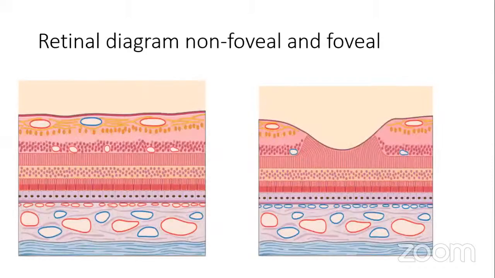So I described this diagram the last time, but for the benefit of doubt, it's simple. The outermost part is the eye. You have the inner limiting membrane, this is the nerve fiber layer, this is the ganglion cell layer. In the nerve fiber layer is where you have the large vessels.